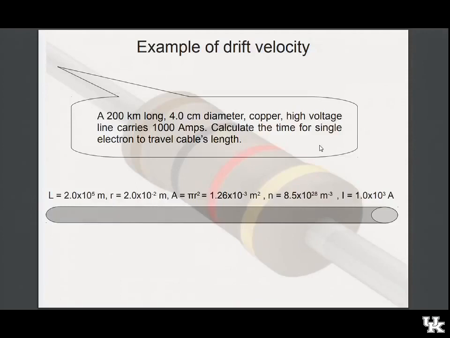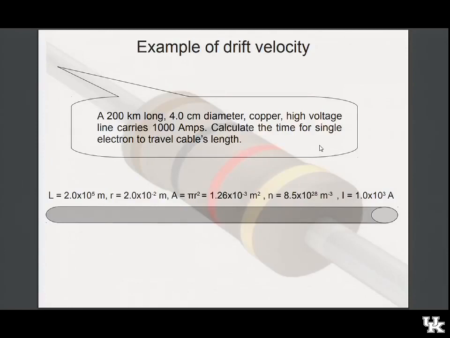What's different, and what's quite interesting, is that in the bed of nails or in raindrops, the drift velocities and the random velocities are of similar scales. For electrons in a wire, the drift velocities are actually much, much, much smaller.